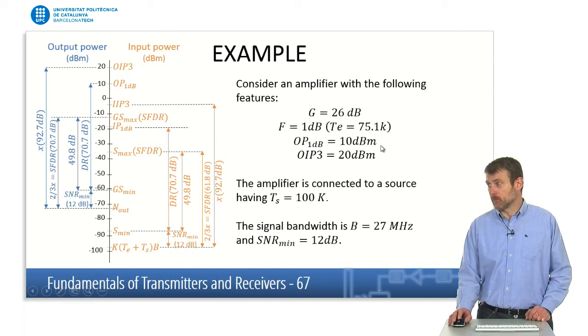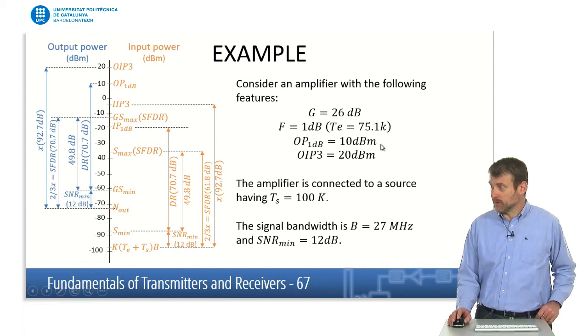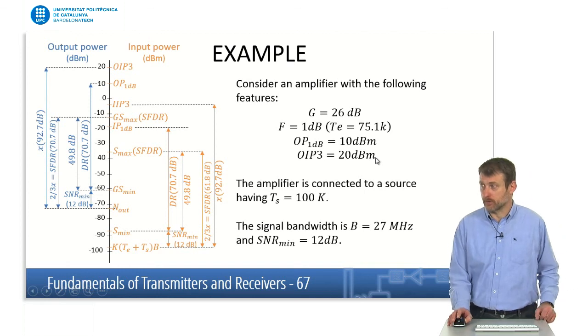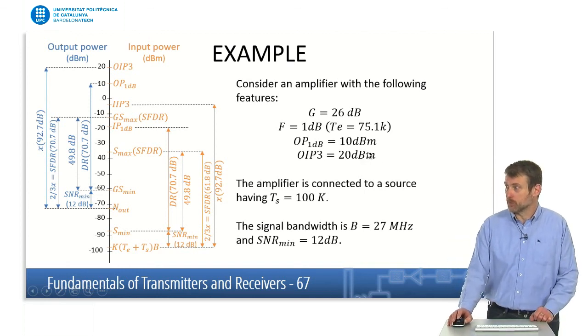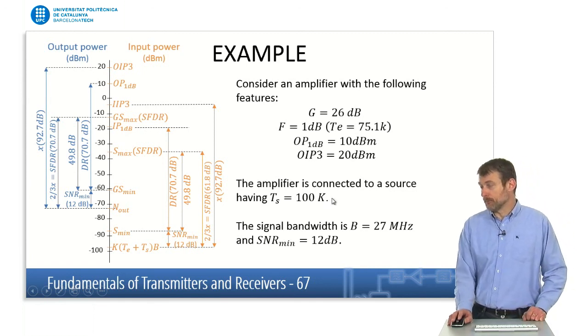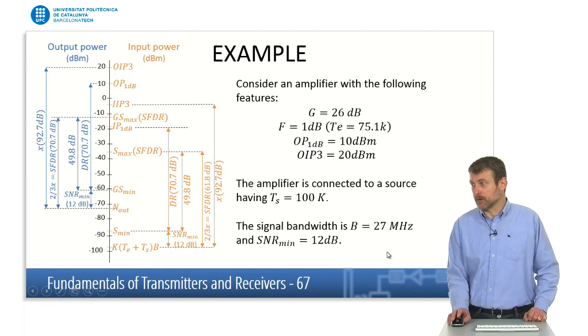The 1 dB compression point is 10 dBm at the output, and the third order intercept is 20 dBm at the output. We will assume that the amplifier is connected to an antenna or a source having a noise temperature of 100 Kelvin, and the signal bandwidth is 27 megahertz, right?